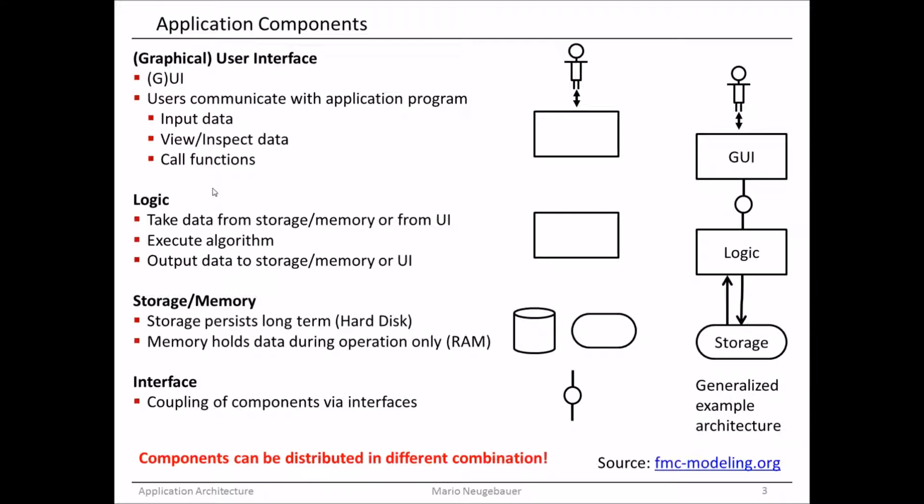It, for example, takes data from the database, or it takes data from the UI, and then it somehow processes the data, maybe with specialized algorithms for the application purpose. And the logic then outputs data, gives the data out to either the user or some persistence, some storage, some database. So the logic basically controls all the processing in the software.